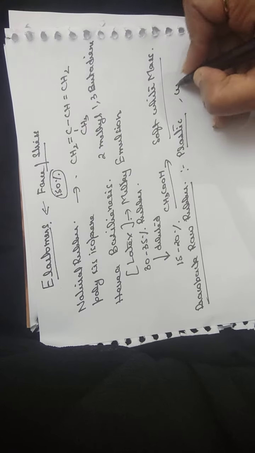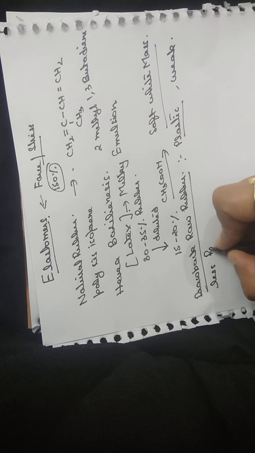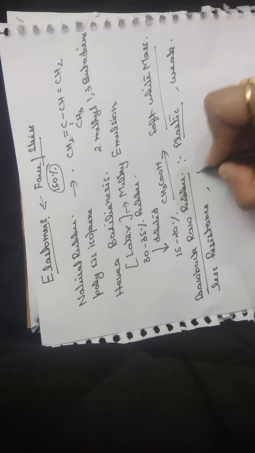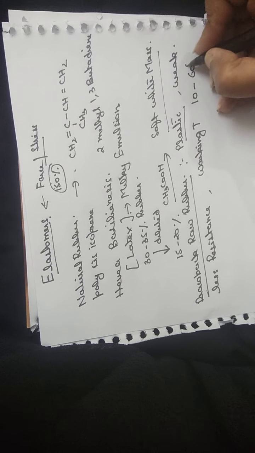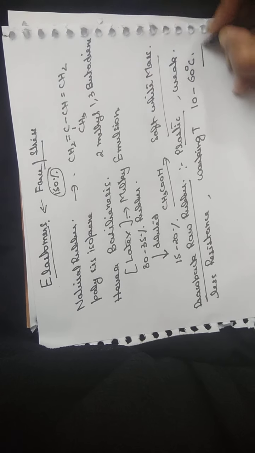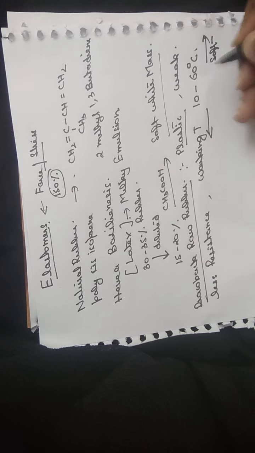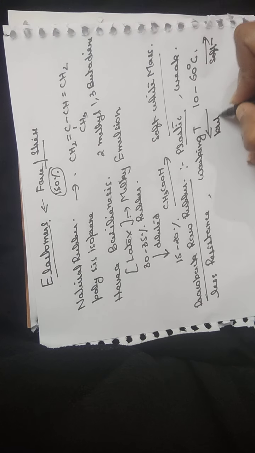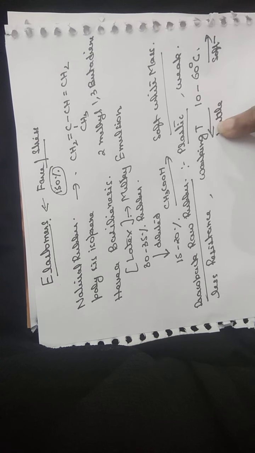Then it is very weak, it has little resistance, no resistance. Then the working temperature of raw rubber is between 10 to 60 degrees Celsius. If we increase the temperature, the rubber becomes soft, and when we decrease the temperature, it becomes brittle. That means when the temperature is decreasing, the rubber becomes hard.